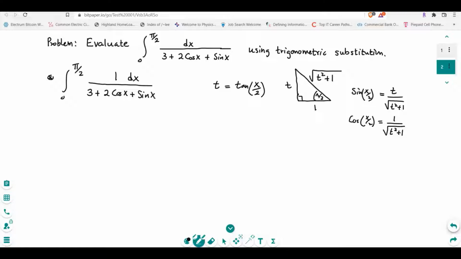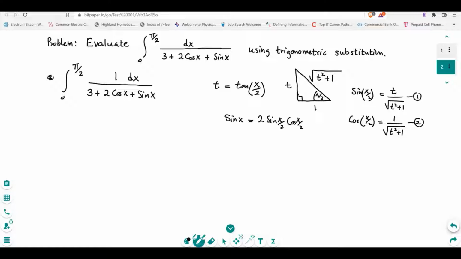So we know from half angle identities, we can write sine x equals 2 times sine x over 2 cosine x over 2. Now we can substitute these expressions, if I call them 1 and 2.